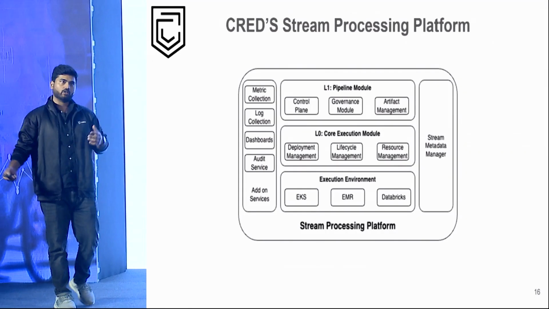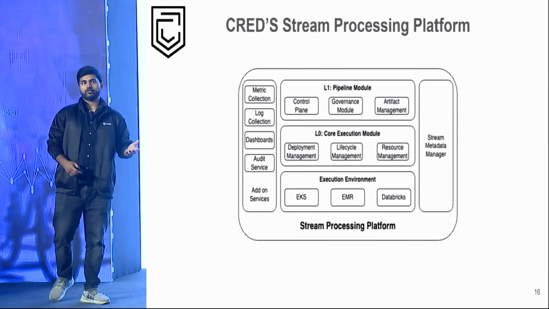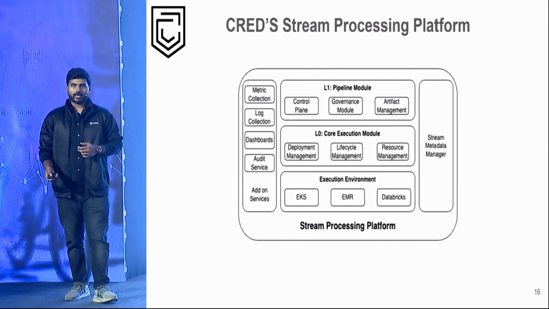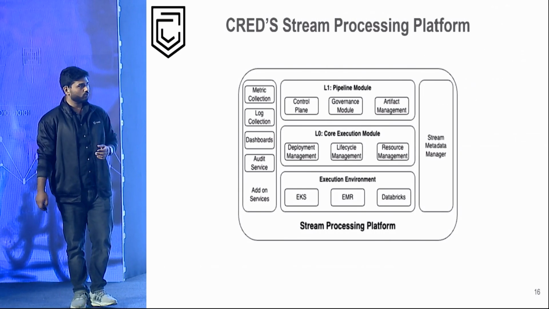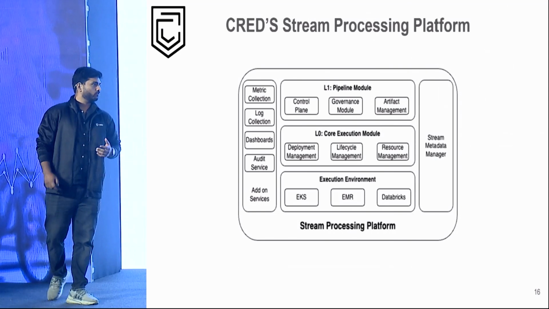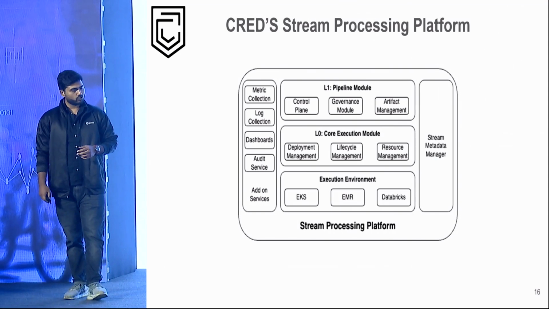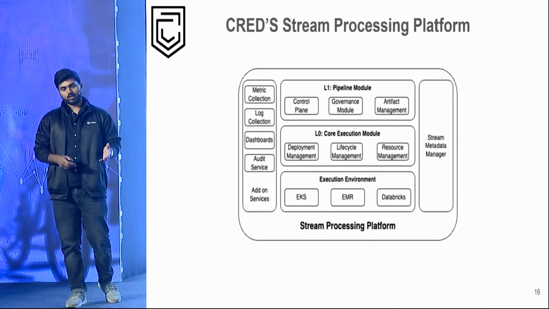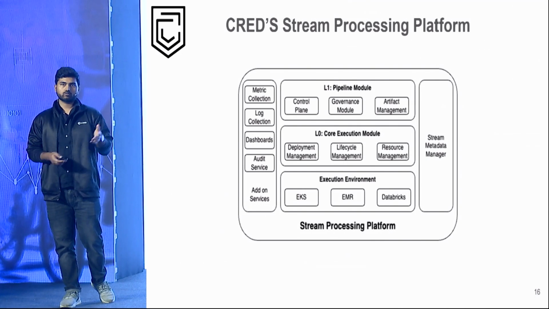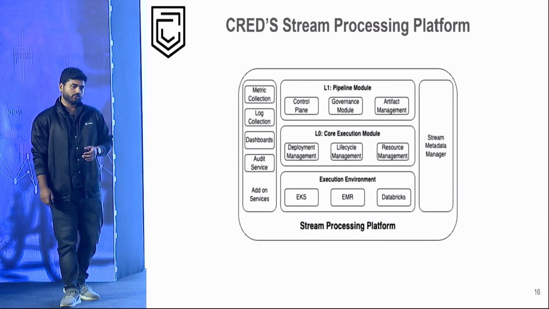In the earlier talks, people have mentioned that they are using Aerospike for the state store. I just wanted to share why we opted for using Aerospike, and I'll use an example or a use case to drive that entire decision.